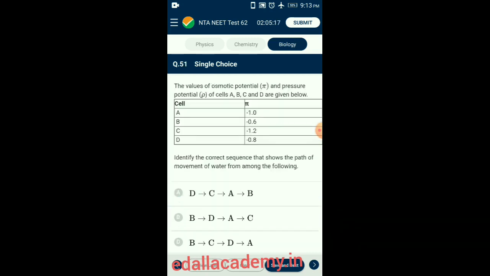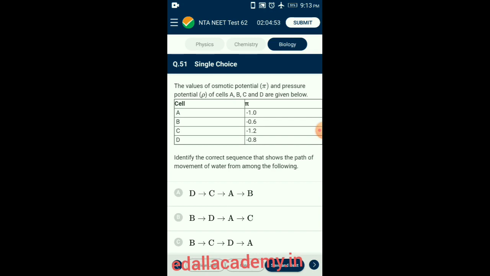Question number 51. The values of osmotic potential psi S and pressure potential psi P of cells A, B, C and D are given below. Identify the correct sequence that shows the path of movement of water from among the following.